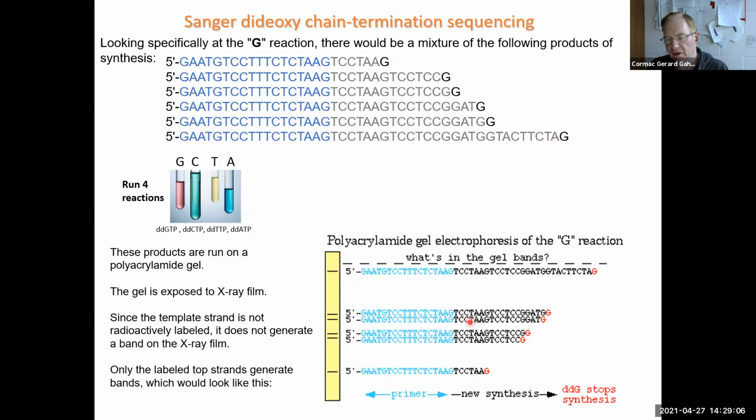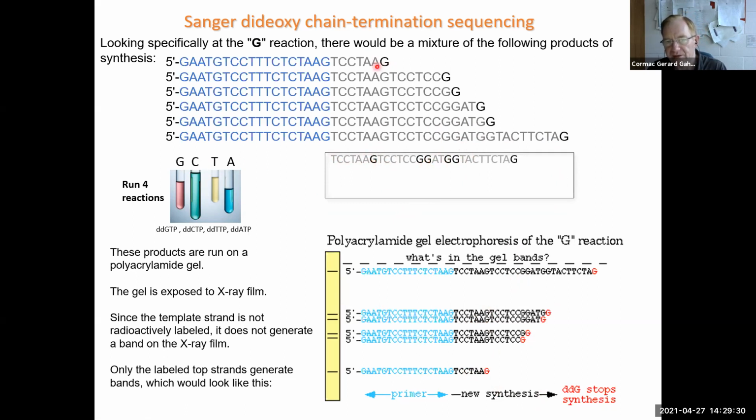Okay, so what this is giving you is a bit of information. It's giving you information on where the G's are in the sample. But it's not until you put all the information together that you know the sequence in that sample. Because this is the information for G. So you've got all of these pieces.